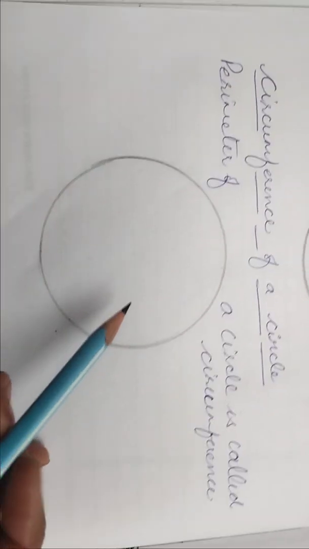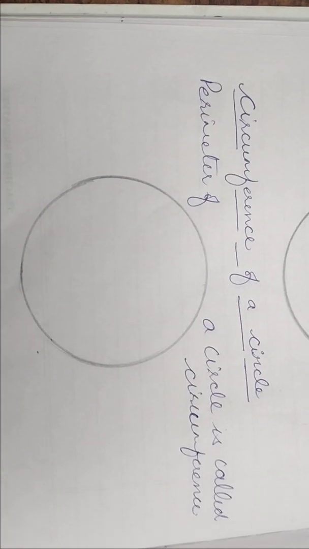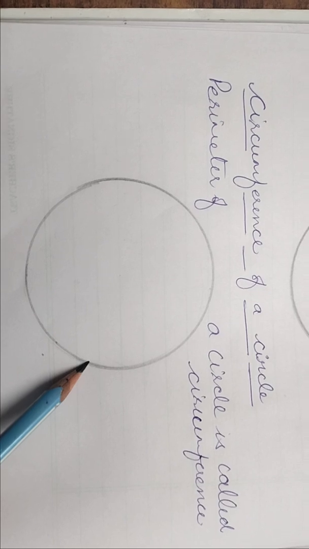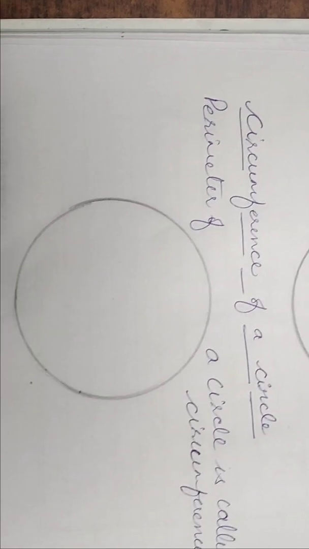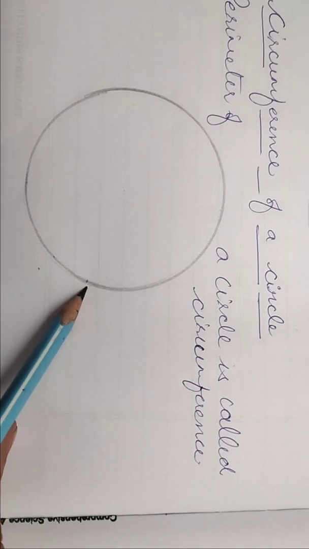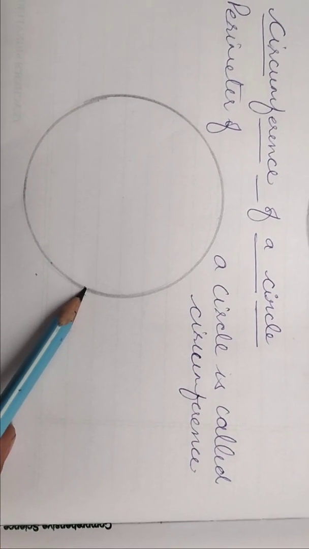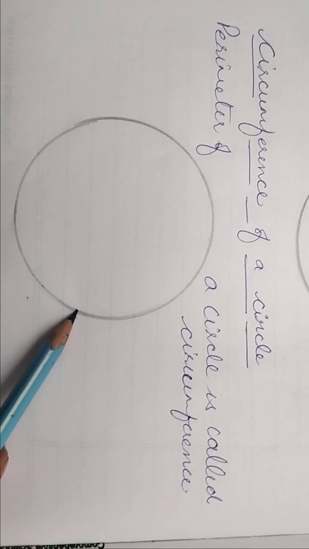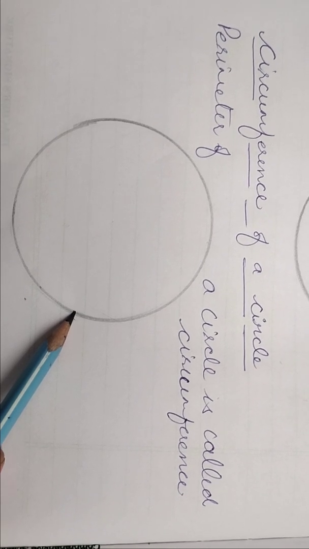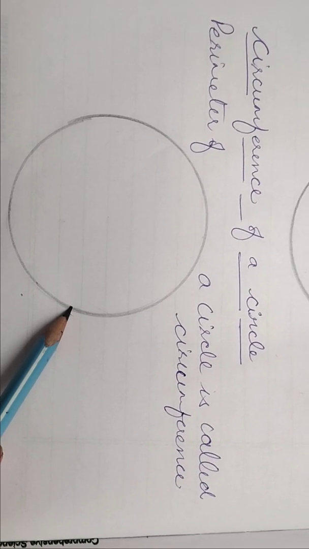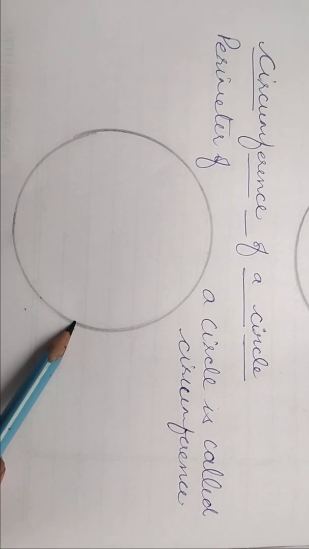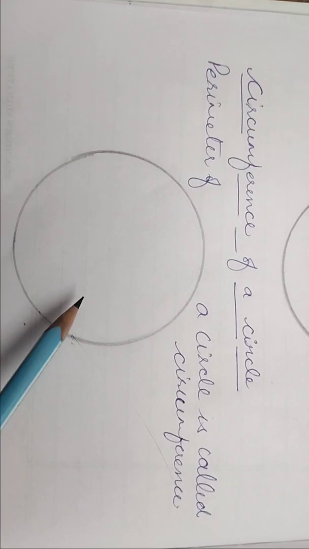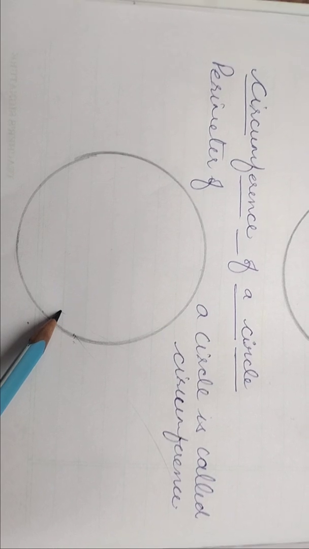You see, son, if we take a thread along the boundary of a circle, starting from a point and wrapping the thread around until it comes back to the same point, then we get the length of the circle, the perimeter of the circle, and it is given the name of circumference. So perimeter of a circle is called the circumference of the circle.